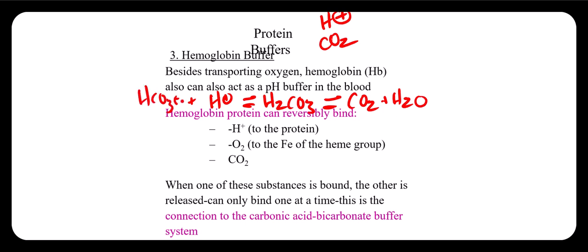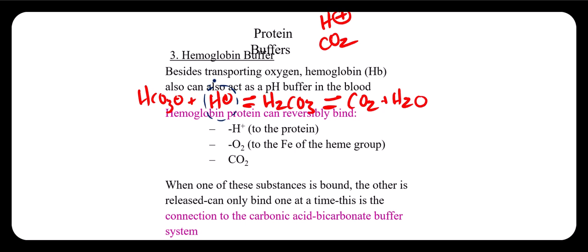You can see where this is going. If my hemoglobin comes along and binds some hydrogen ions, what's going to happen? Well, what's going to happen is I took those hydrogen ions out of solution, meaning I lowered my hydrogen ion concentration, meaning I raised my pH. I buffered.